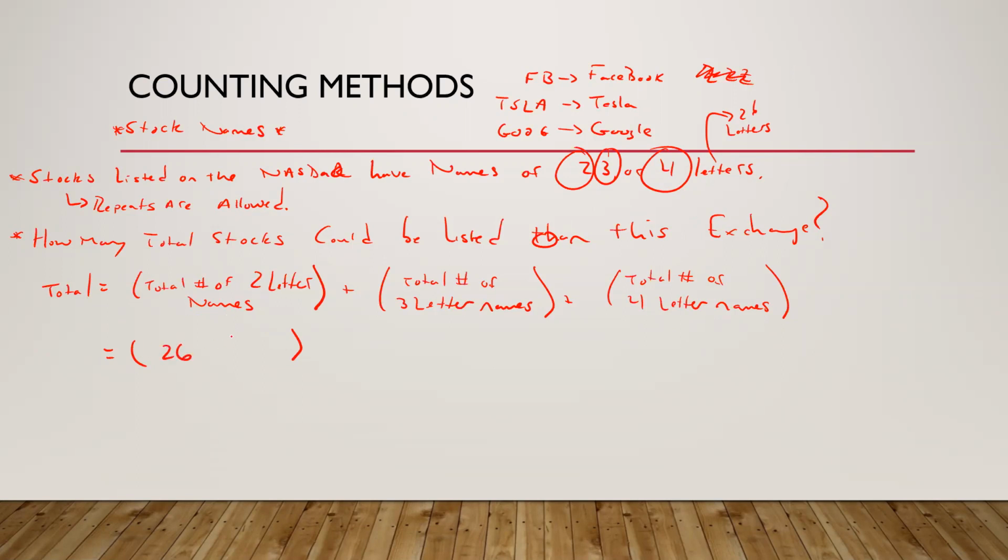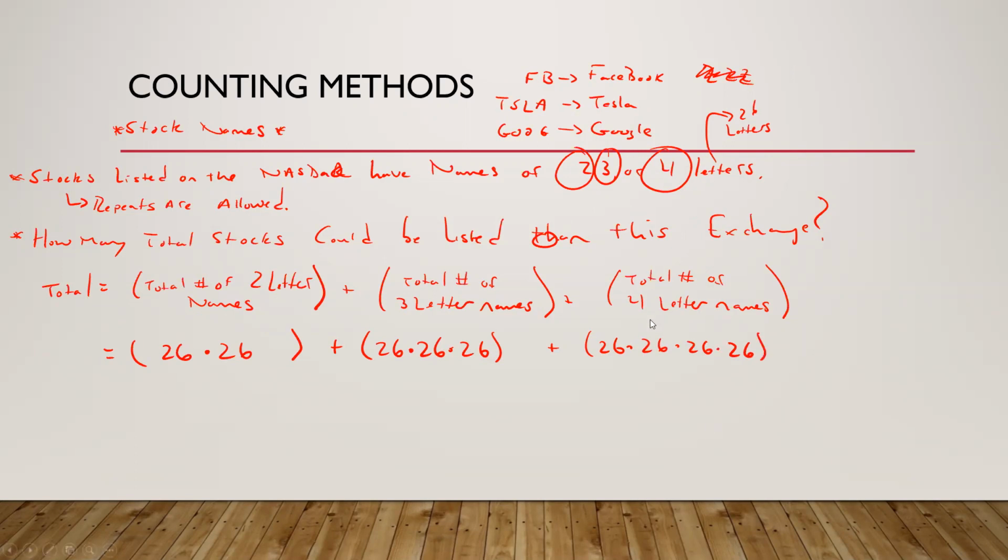And then when you go to select the second letter, because repeats are allowed, there's another 26. And then it's the same deal as Barry has in the chat there for the 3 letters. 26 for the first letter, 26 for the second letter, and 26 for the third letter. And then finally, for the 4-letter names, it would be 26 times 26 times 26 times 26.